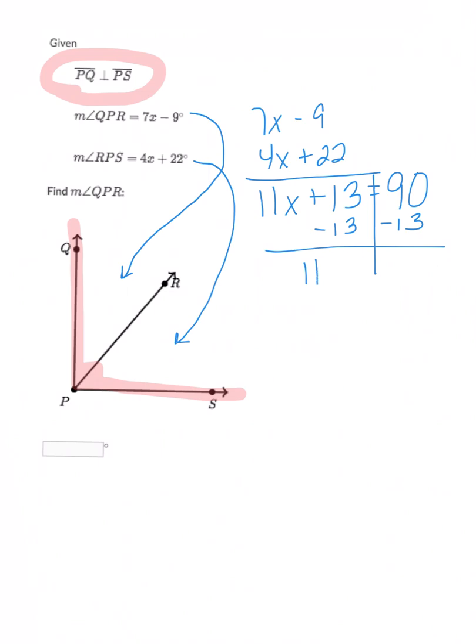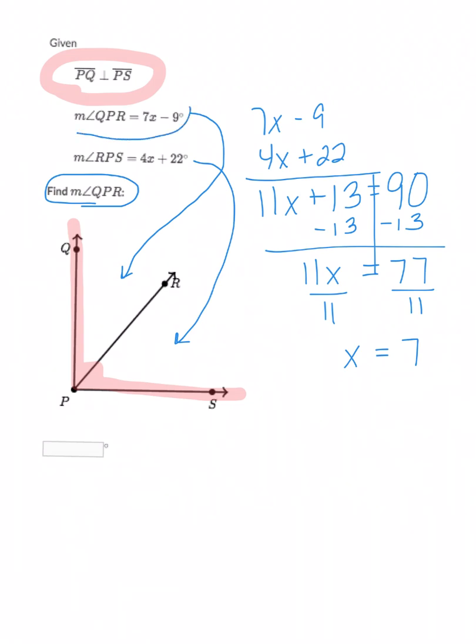We end up with 11x equals 77. Divide by 11, and x equals 7. 7 is not the final answer because you have to plug 7 back into angle QPR.